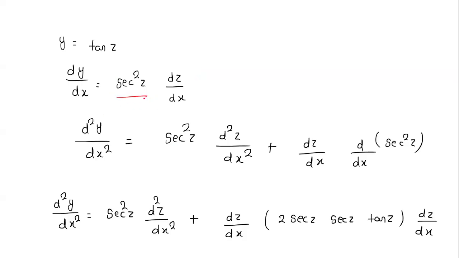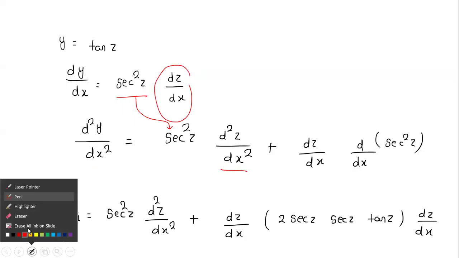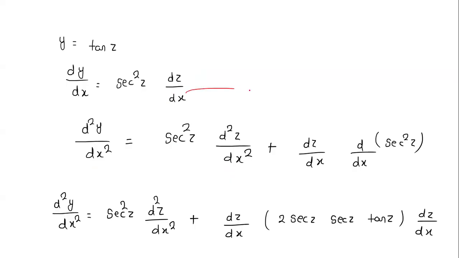You take this as it is, and if you differentiate this you will get d2z by dx square, and if you take this as it is and differentiate this you will get d by dx of sec z whole square. We know the differentiation of sec z whole square is 2 times sec z, and sec z differentiation is sec z tan z, and z differentiation is dz by dx.